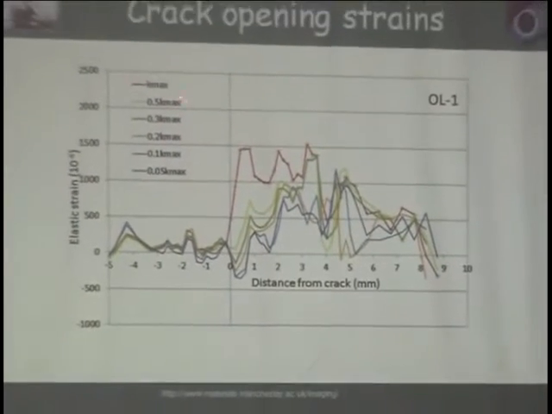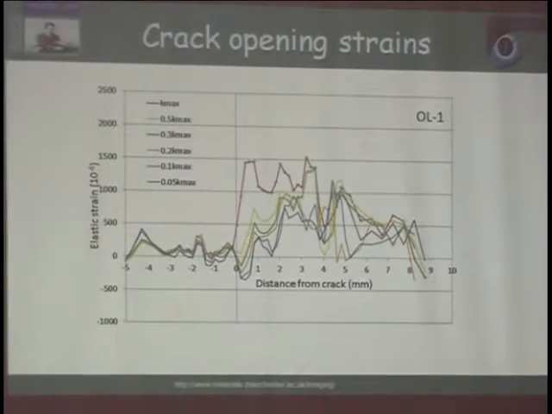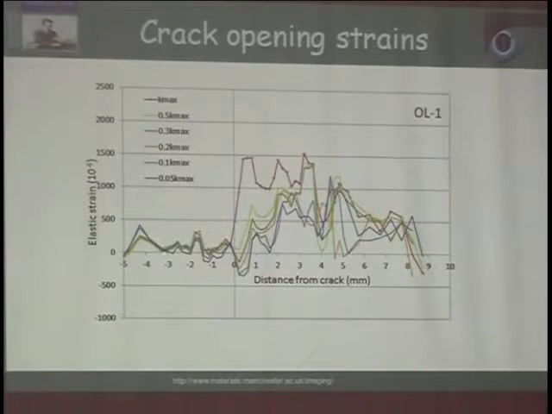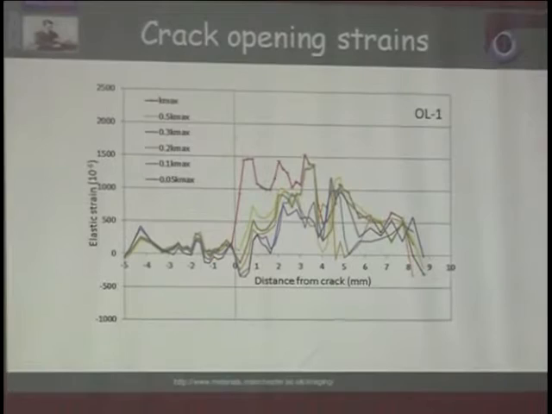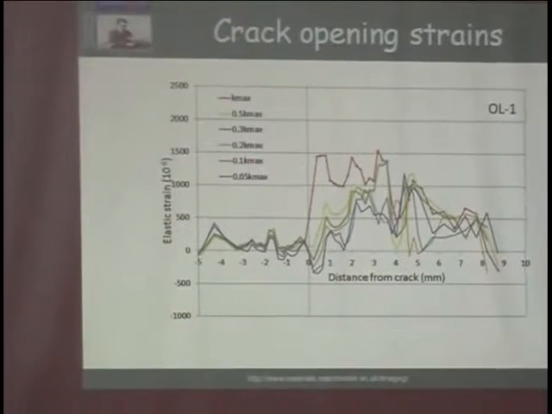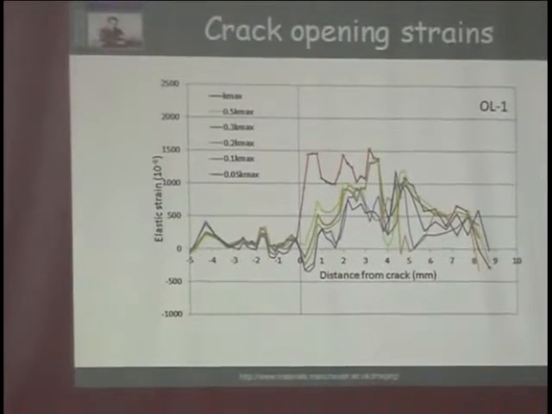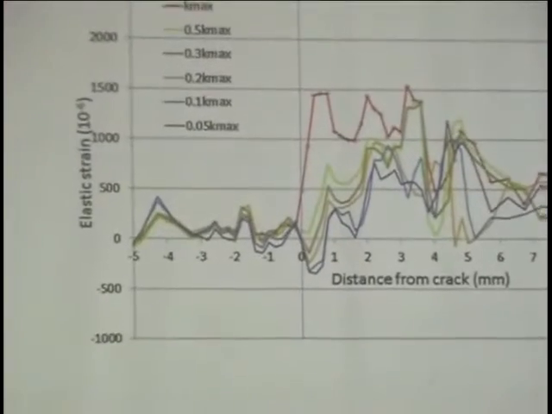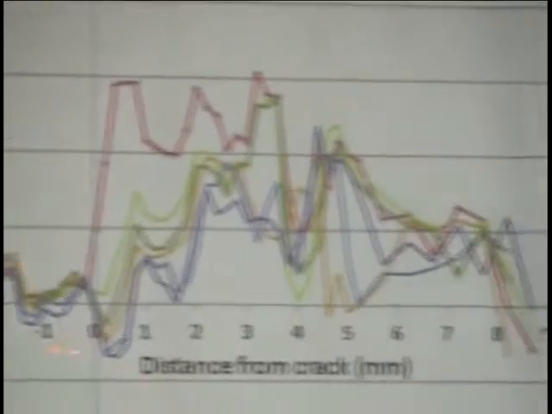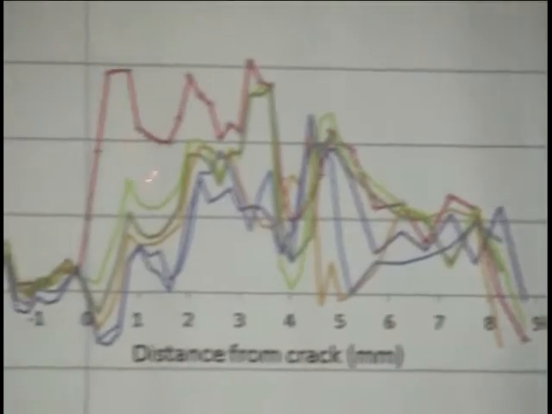So here you can see this is at K max. So the red is the maximum strain. The green is halfway to unloading, and then we go down to essentially unloaded. We have a load ratio of 0.1 here. So we can see just prior to overload, and again you can see the scatter.